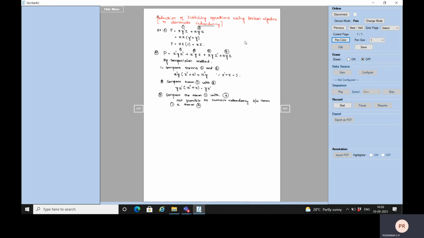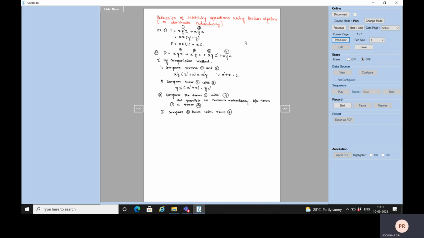This is the first stage of comparing the first term with all the subsequent terms in order to see whether there is a redundancy to remove. Similarly, in the second stage, compare term 2 with term 3.